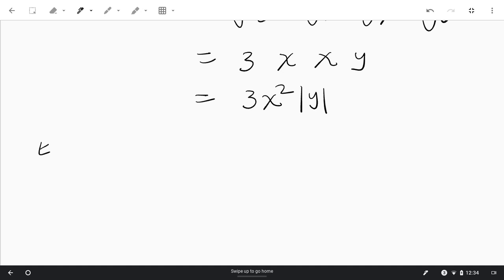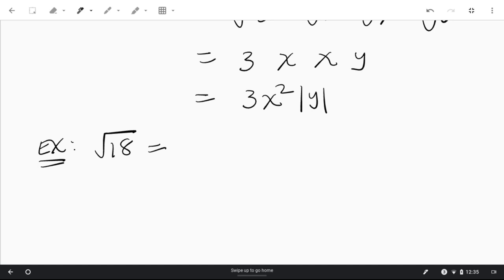Okay, and hopefully you remember how to simplify something like this, square root of 18. 18 is not a perfect square. However, we can break it up as a product of a perfect square and something else. So here we can break up 18.